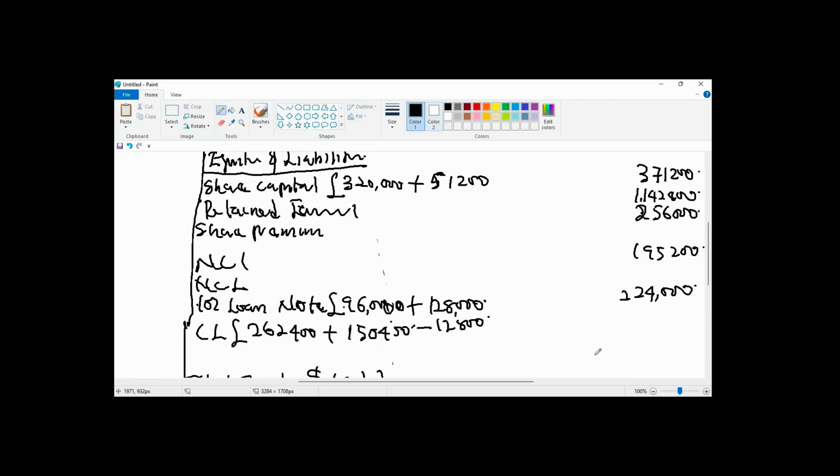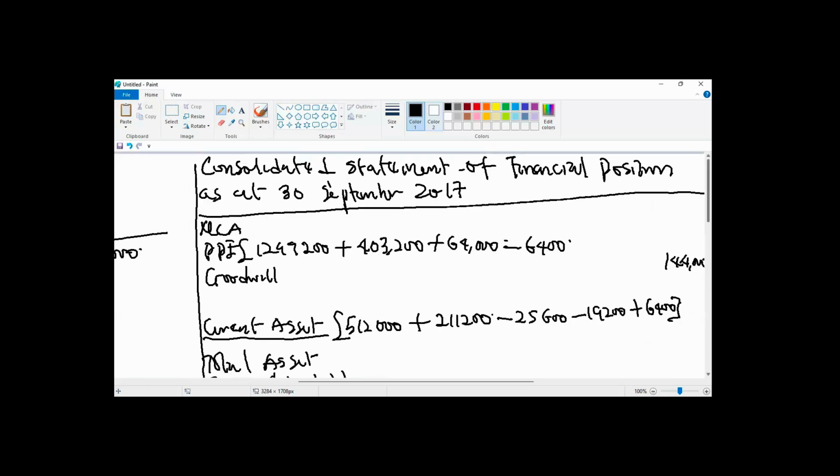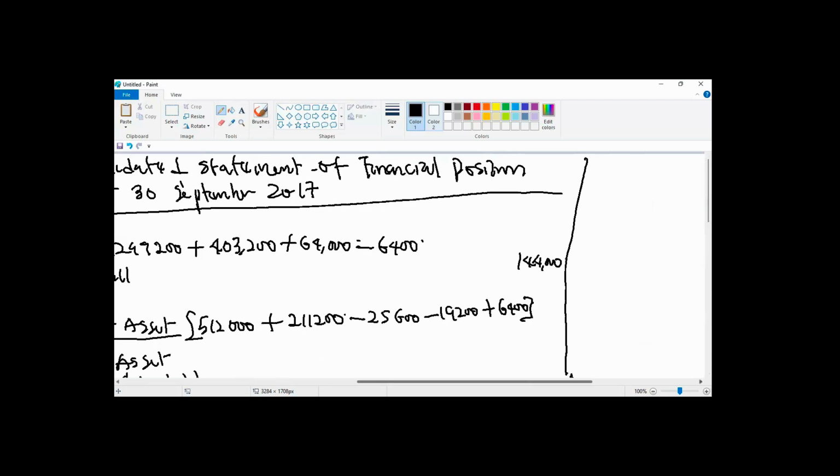Then for the current liability, 400,000. Then I'll go to my PPE. What is my total PPE now? Somebody should give us the current assets.